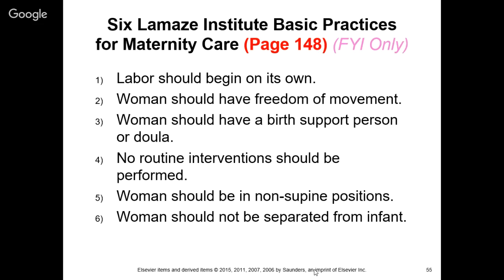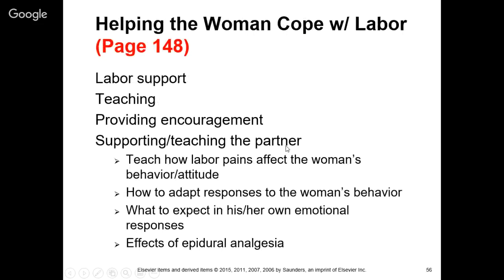Lying flat in a bed while you're in labor is actually the worst thing you can do. Helping the woman cope with labor: provide encouragement and teaching, education on medications if she's going to use medications. And remember, with pain management for laboring women, if they're doing something that is not harmful but is relieving their pain or allowing them to cope, go ahead and let them continue.